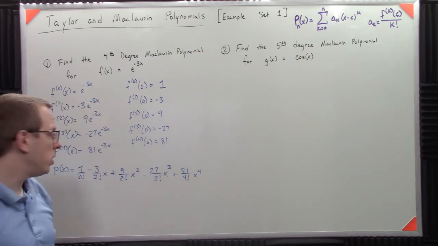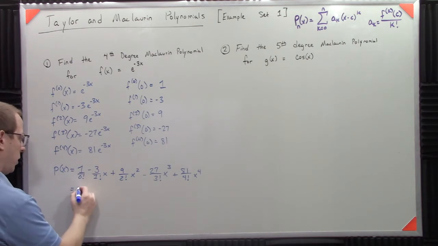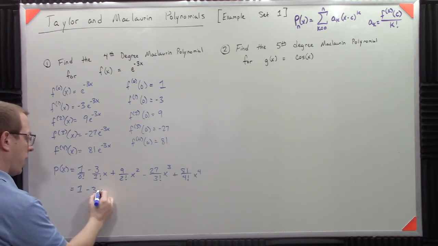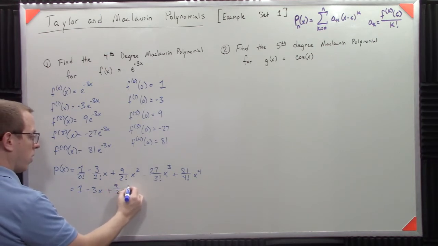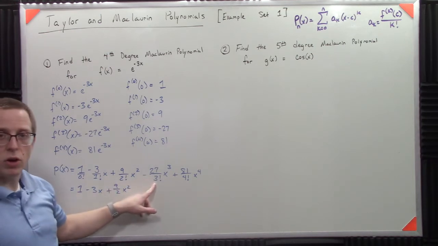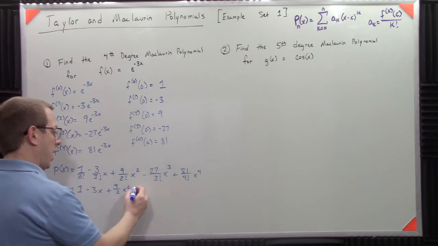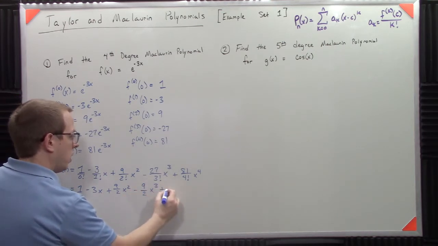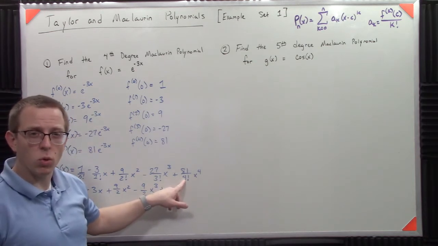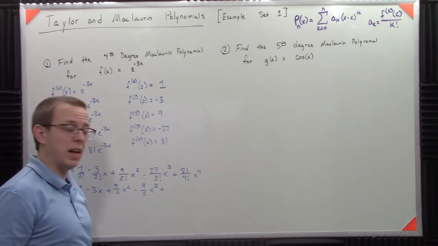Now we can reduce this. This is going to be 1 minus 3x, plus 9 halves x squared. Now 27 over 3 factorial is also 9 halves, so it's negative 9 halves x cubed. And 81 over 4 factorial, I believe, is 27/8.